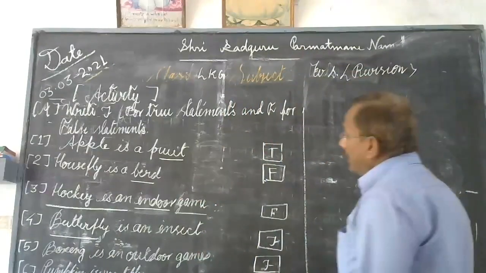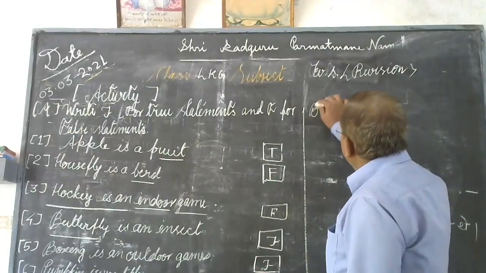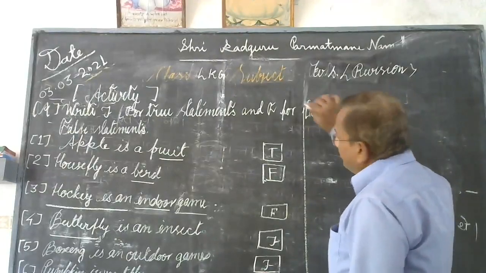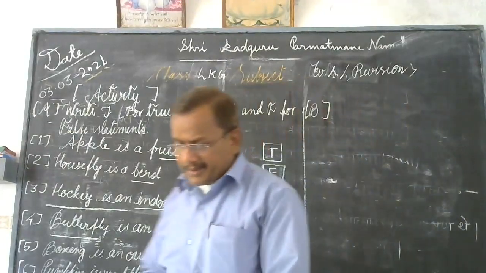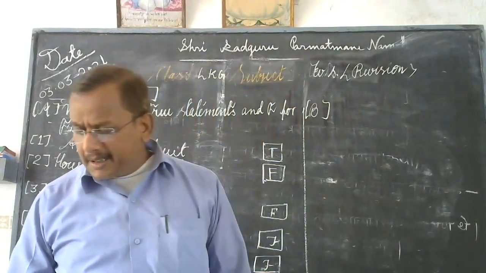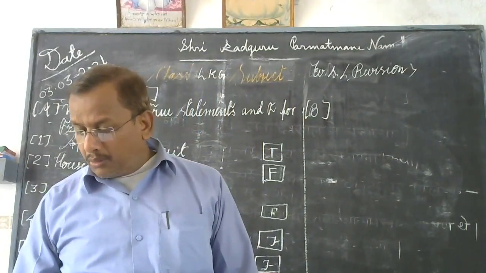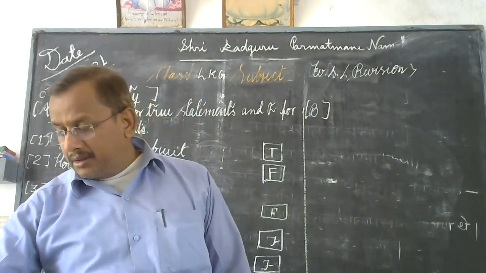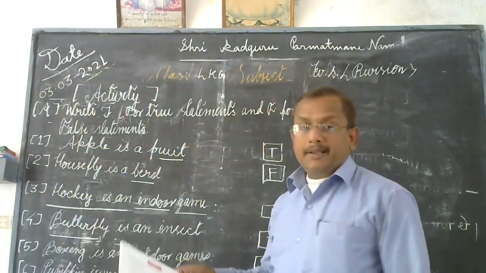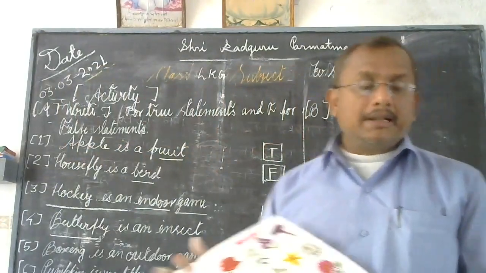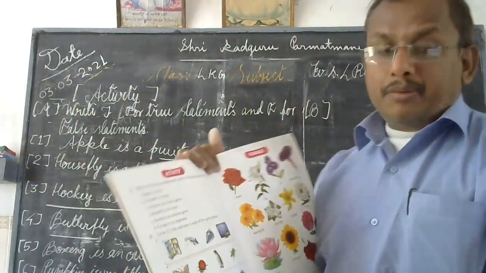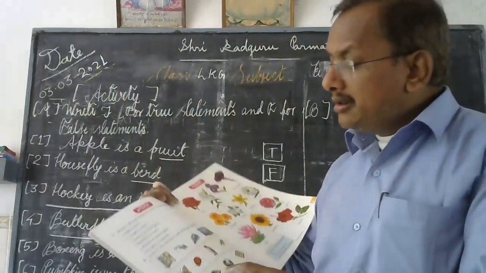Next, we are in B. A is completed. The A portion of the activity is completed. Next is B. In B it is given to circle the odd one in each of the given groups. Look at your lesson, there are so many pictures given in it.